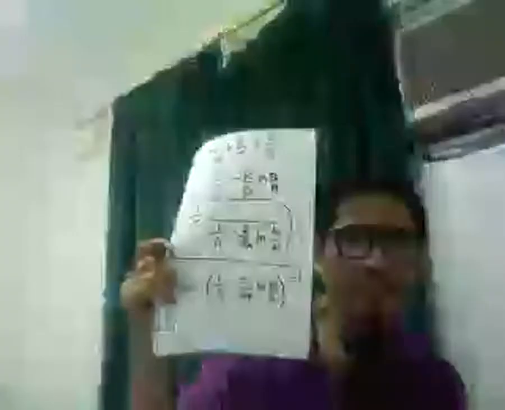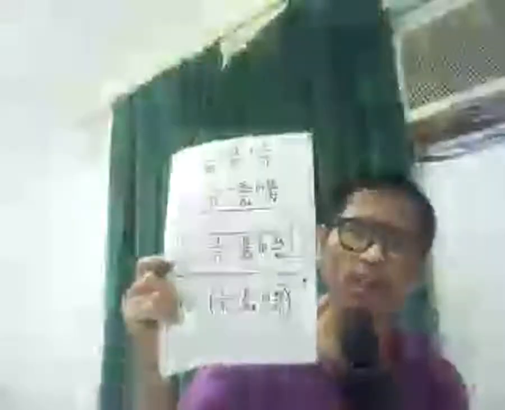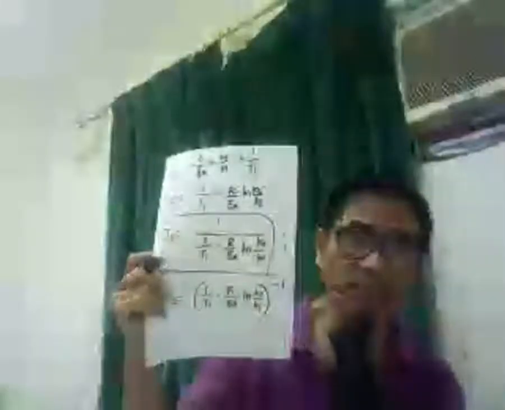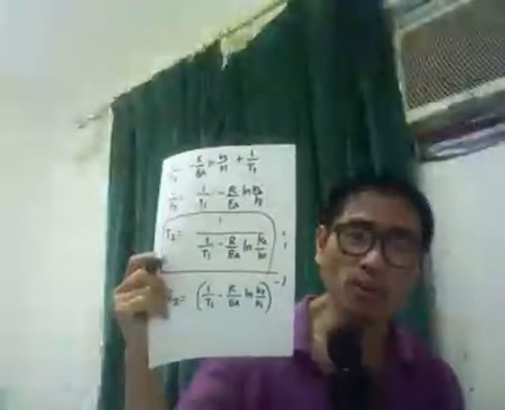Whereas the T2 here is not reintegrated. It's still ln K2 over K1, or else it will become ln K2 minus K1. But why is it still ln K2 over K1? So it's not reintegrated. Right? You got the point?